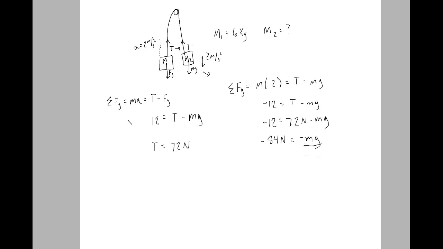So I can divide by negative g, and assuming g is 10, I get the mass of the other block to be 8.4 kilograms. Which makes sense, because if I release these two blocks, this one needs to be heavier in order to pull M1 up. Okay, so that is an Atwood's machine.